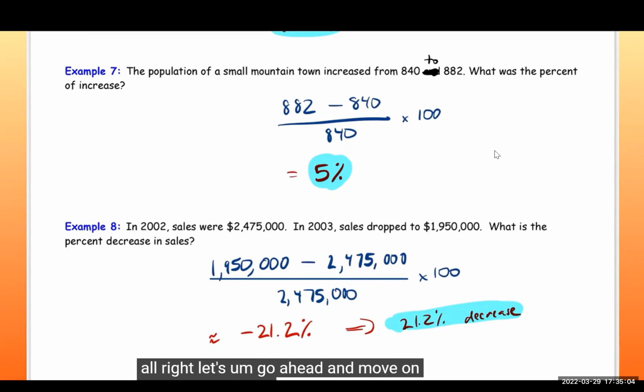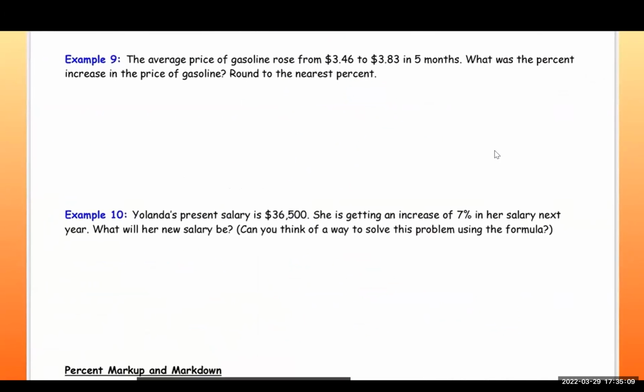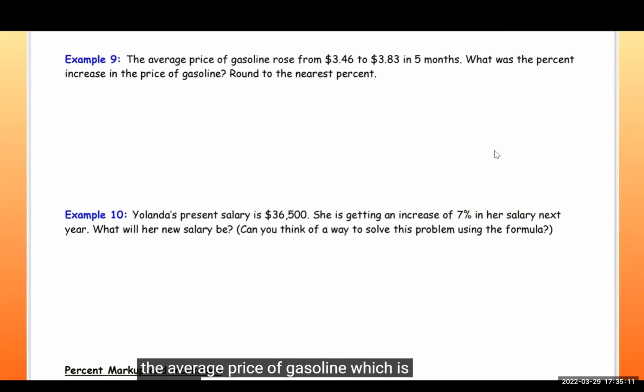Number 8 says, the average price of gasoline, which is very relevant to our lives today, rose from $3.46 to $3.83 in 5 months. What was the percent increase in the price of gasoline? All right, so the latest amount is $3.83. The previous amount was $3.46, and we divide by the previous amount. Multiply by 100.